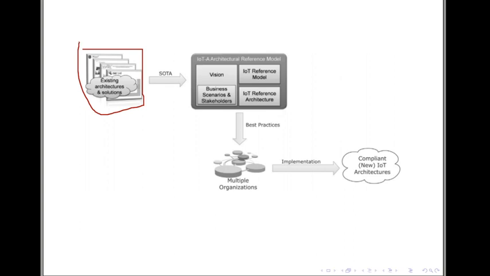And here we have this reference IoT ARM, which has two components, a reference model and reference architecture. As per the problems and solution objective, the vision and business scenarios, this reference model plus reference architecture helps to select the best practices and therefore to make a concrete architecture.